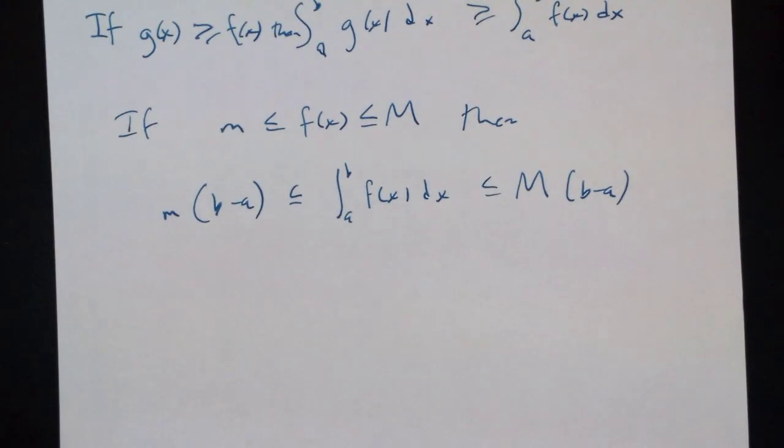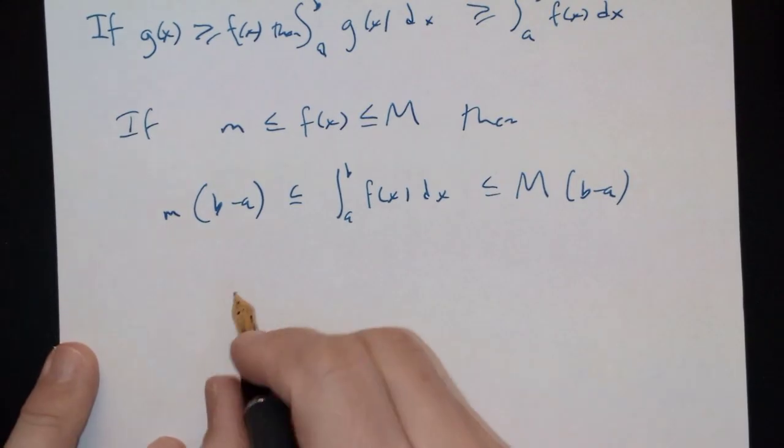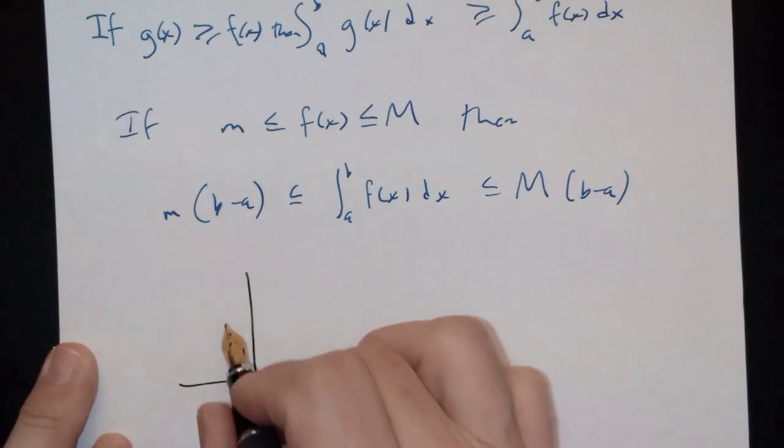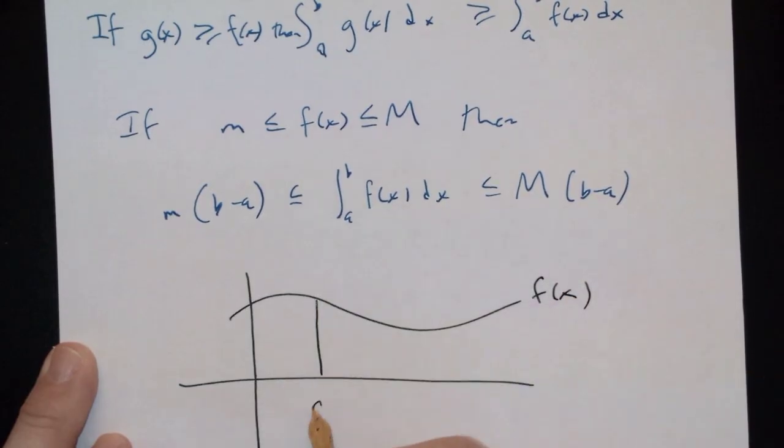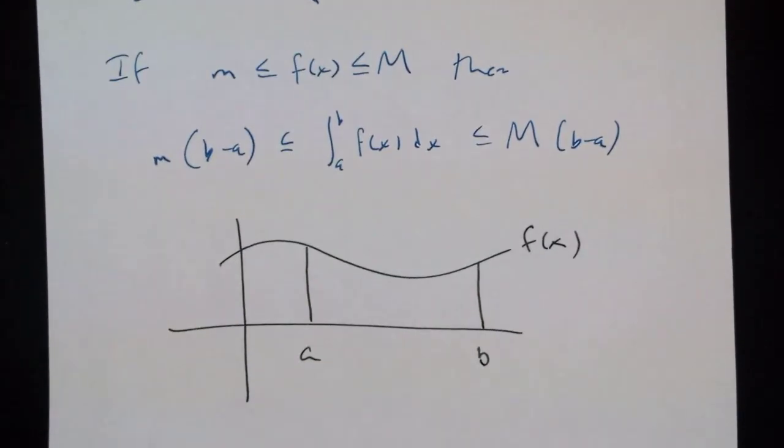One more. Let's consider our picture again. And let's consider some other x value. Now, here's a choice. You can put this x value wherever you want, to the left of A, in between A and B, or to the right of B. Where do you want it?